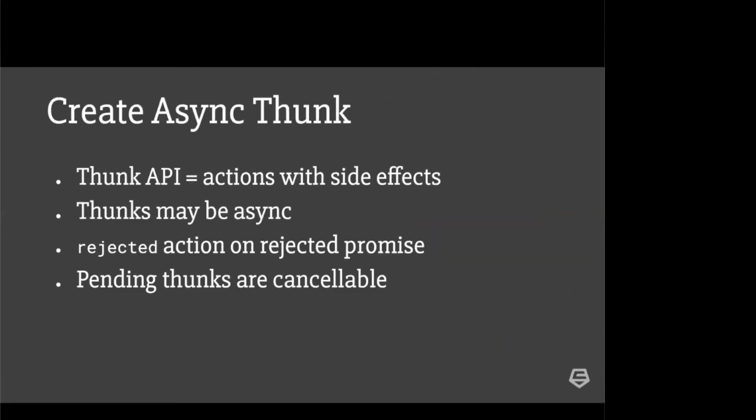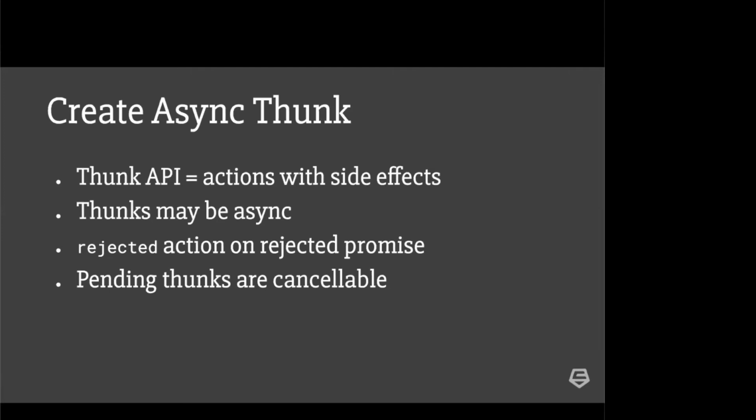Let's see. Create async thunk is a pretty huge addition to Redux Toolkit. This pulls in the Thunk API, which is, instead of an action being some plain old JavaScript object passed to Redux, you can have a function being passed to Redux.